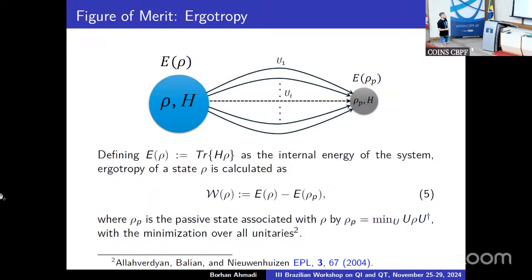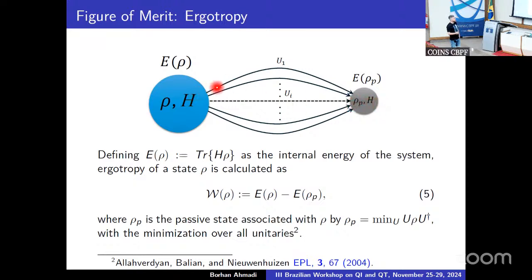Okay, so for those who don't know what ergotropy is, here I'm using it as the figure of merit. Ergotropy is defined in the following way: if you have a quantum system prepared in state rho with Hamiltonian H, I apply a unitary and take it to another state with the same Hamiltonian.